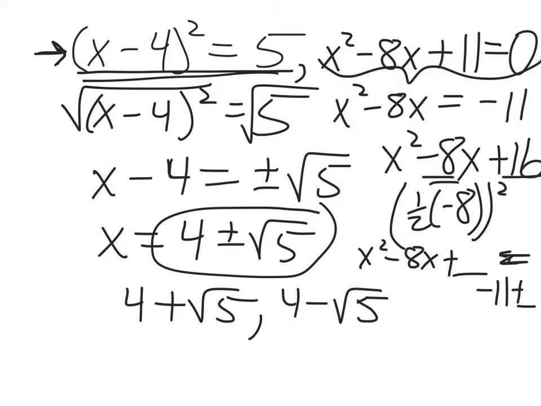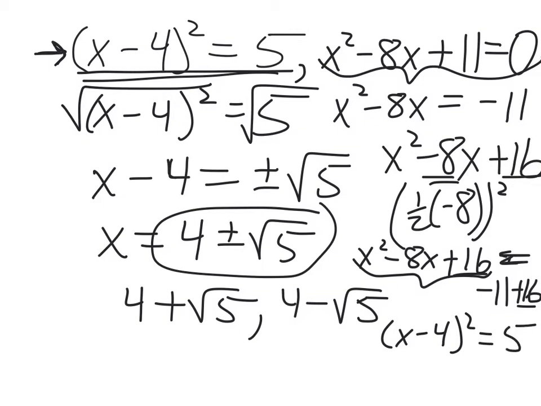So we're going to add the 16. And guess what? This factors into x minus 4 quantity squared, and the other side gives us 5, and we now have this exact form right there. So we could finish it by using the square root property.